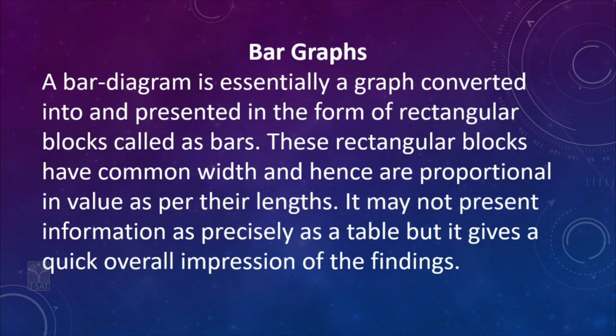So, very important: these bar diagrams have rectangular blocks and the width of the rectangular block is constant, it is the size of the class. Clear? That is very important. And the length of the rectangular block is proportional to the frequency.